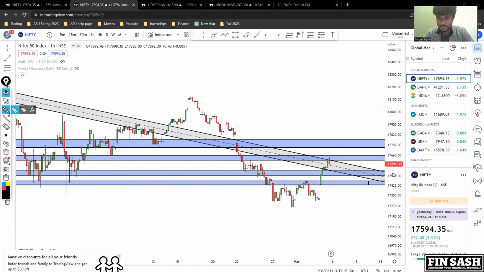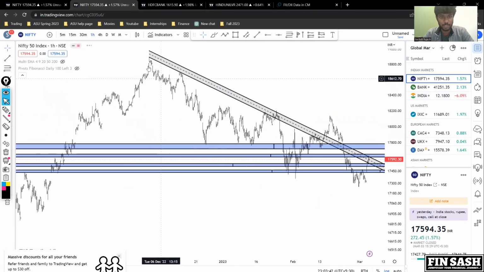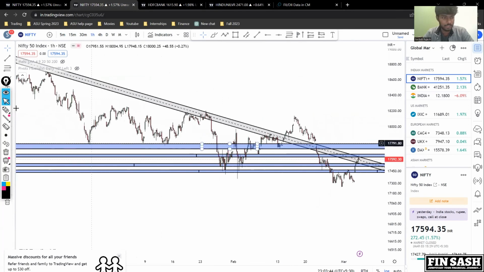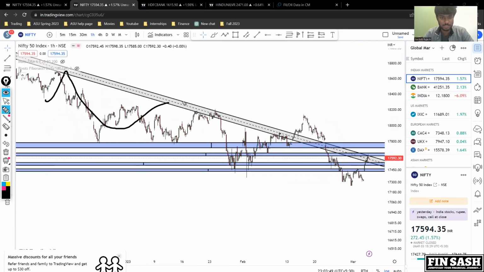And now Nifty is near this trend line, which it's been facing for a very long time. Since the all-time high till now, it's been taking resistance from this trend line, as you guys can see here. There's been a slight fake breakout, but again, it came here and it's taking resistance.